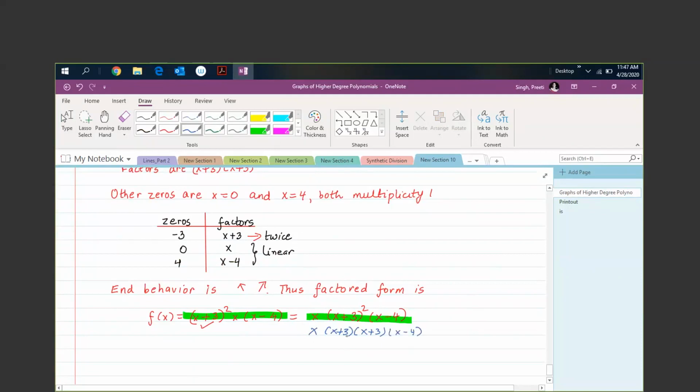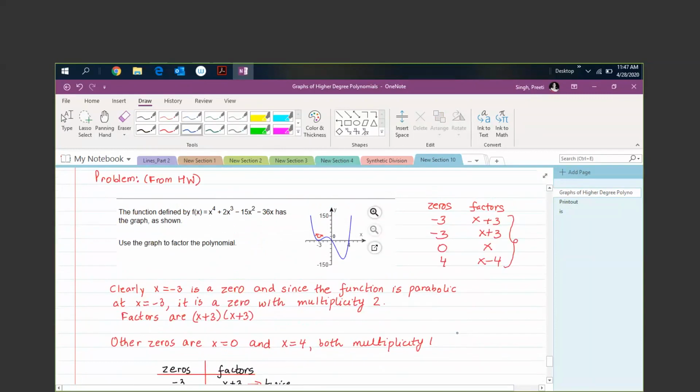If I multiply the first two, I'll get x squared. Then if I continue, I'll get x cubed. Continue, you get x to the 4th. So I will definitely have x to the 4th as my leader in this equation. So my graph must behave like x to the 4th at the end, which is correct, right?